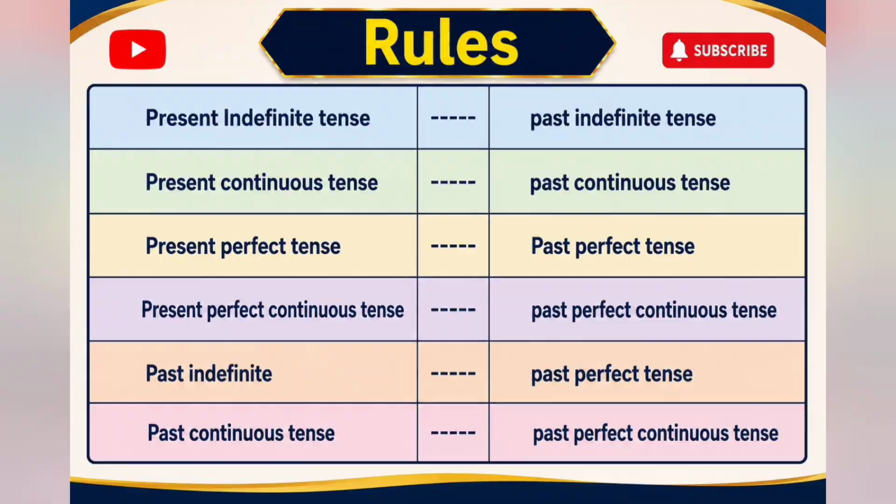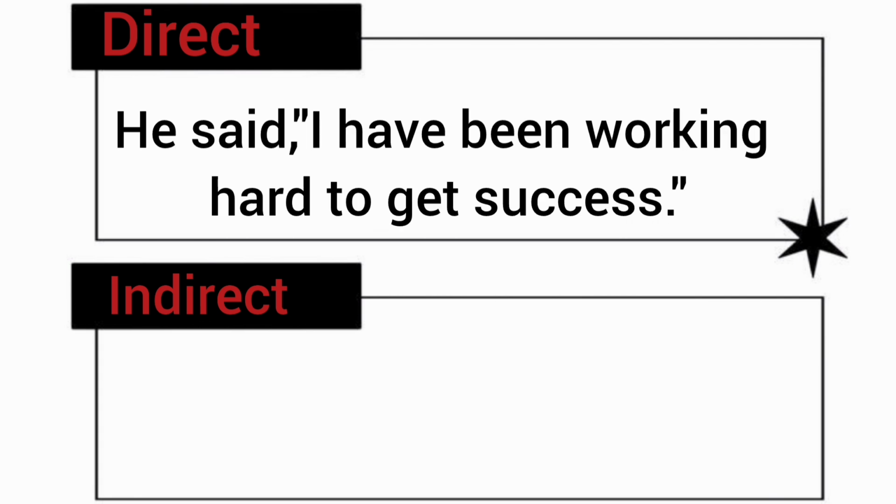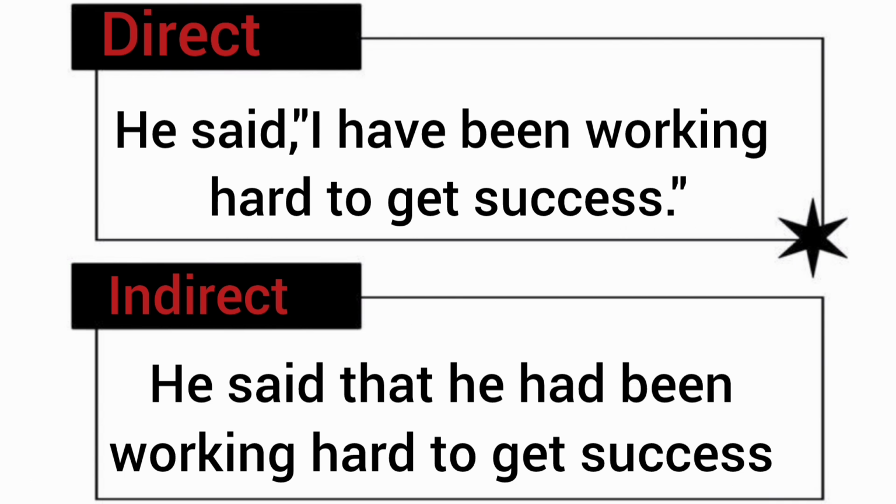So the change is, he said that he had worked hard to get success. Now next we have, he said, I have been working hard to get success. He said that he had been working hard to get success.